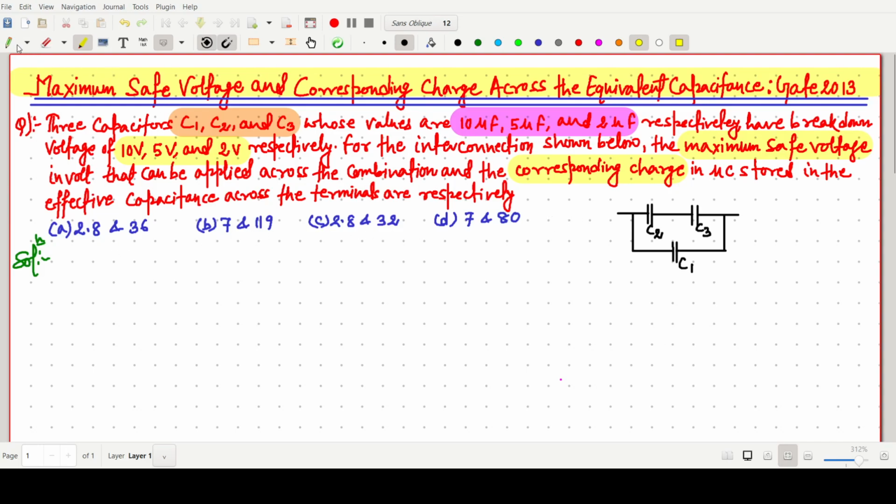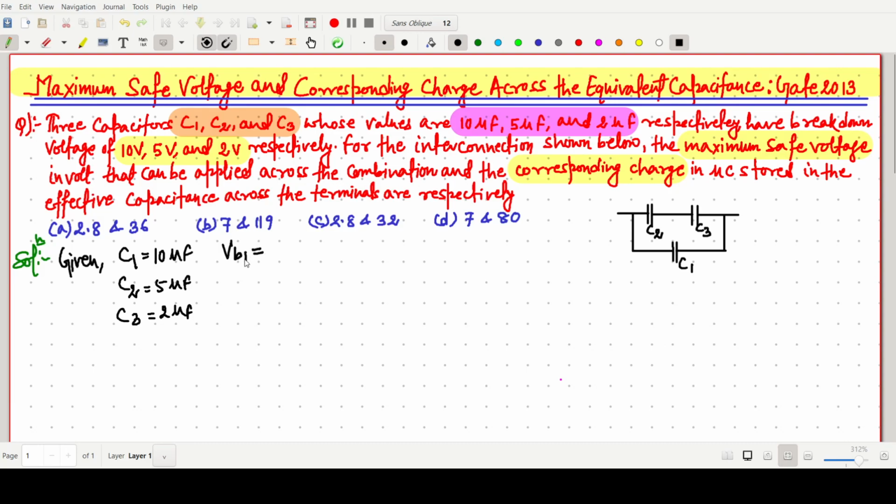So here once again the given things: C1 is 10 microfarad, C2 is 5 microfarad and C3 is 2 microfarad, and the corresponding breakdown voltages.